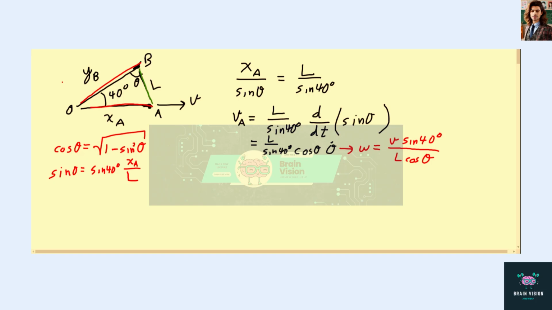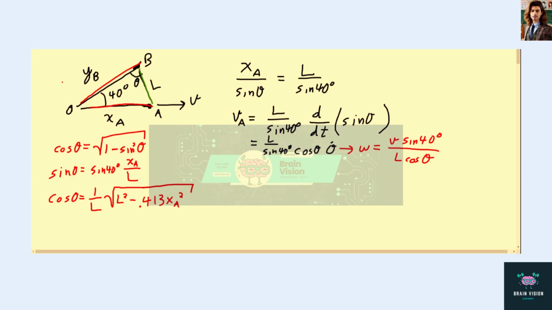So this leaves us with some simplification. Cosine of theta equals 1 over L times the square root of L squared minus, and we'll put the value in for that sine of 40 degrees here just to make it a little cleaner looking, 0.413 xa squared.